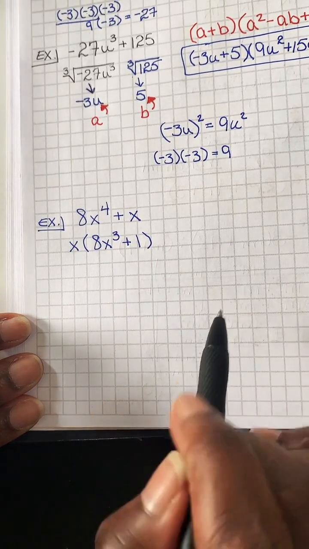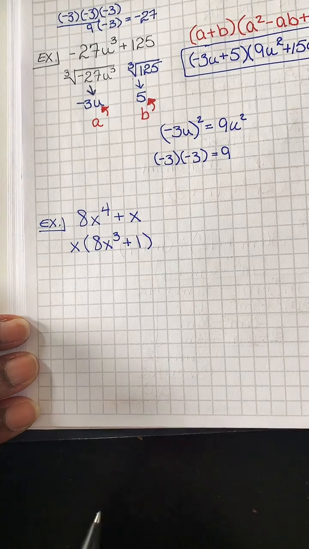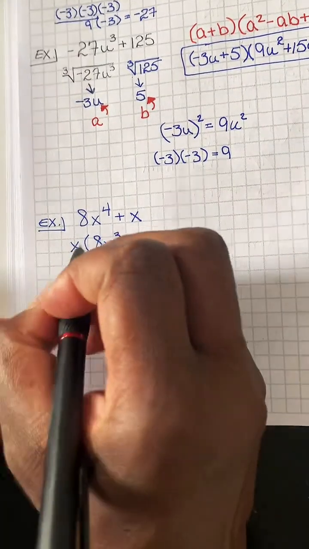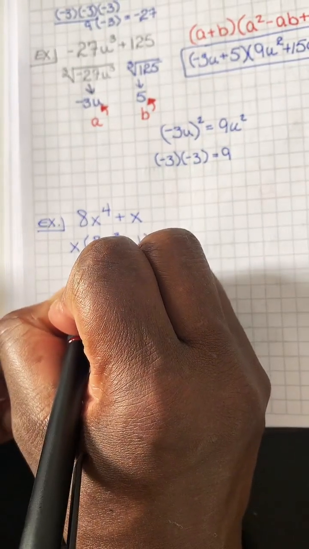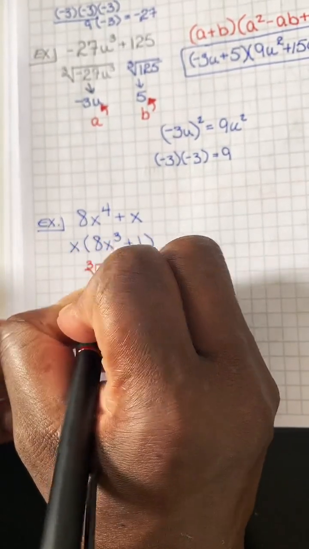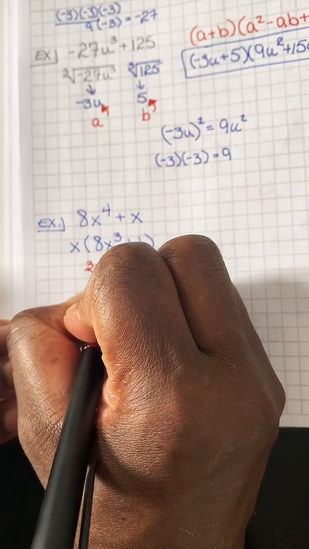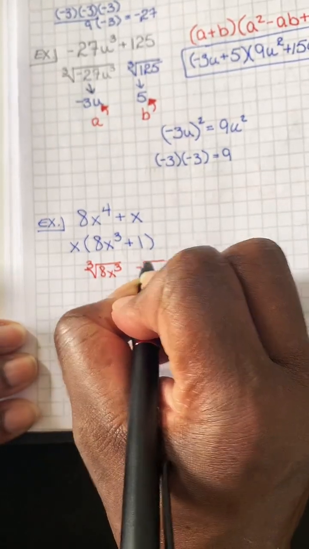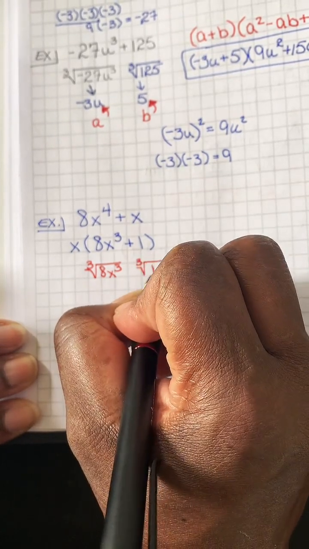Okay, so we got our sums. Good, we got our sums. So just like, because we did this similar, we're going to take that cube root of 8x to the third power. And then we're also going to take the cube root of 1.